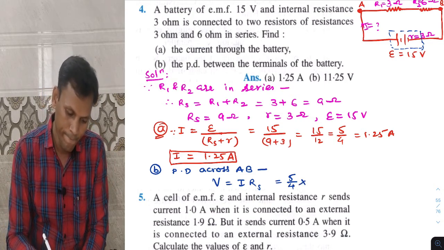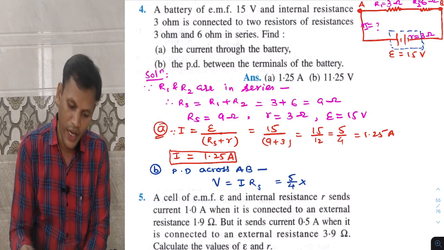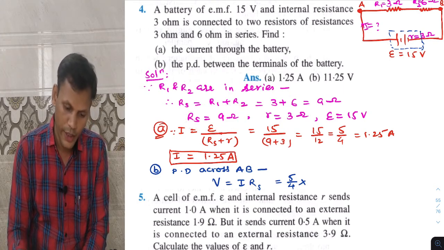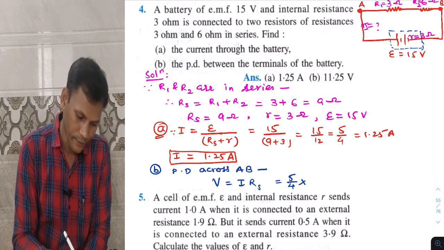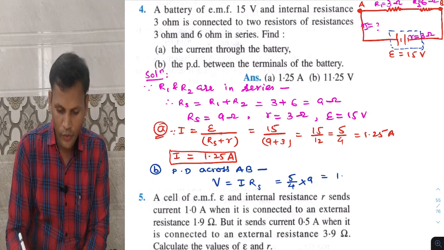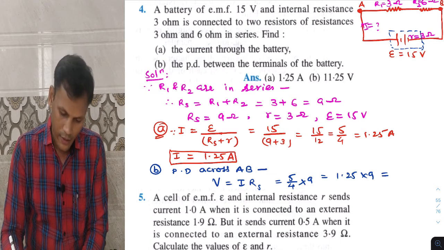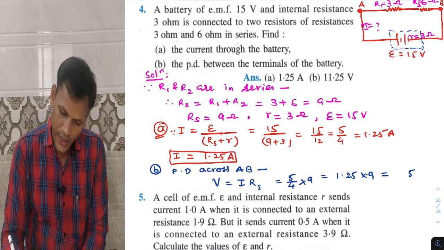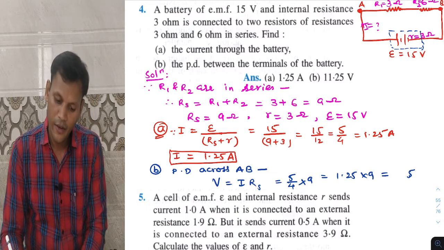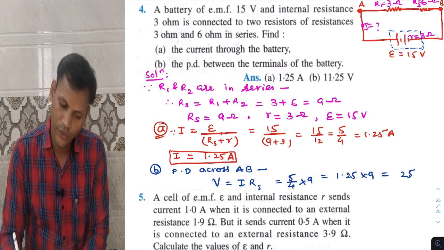RS is 9 ohm, so into 9 we will do. So 1.25 into 9: 9 5s are 45, 9 2s are 18 and 4, that is 22, 9 1s are 9 to 11.